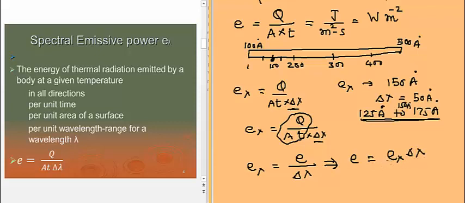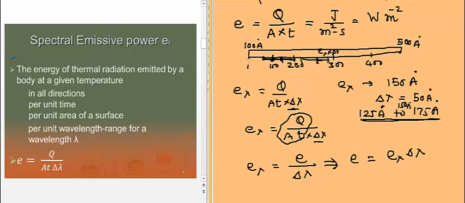So basically what I mean is that if I take a particular delta lambda, I'll get E lambda for that range. And if I keep on adding all such E lambdas for various wavelength ranges, for example this range and then this range, I'm adding E lambda into delta lambda for each of these wavelength ranges.